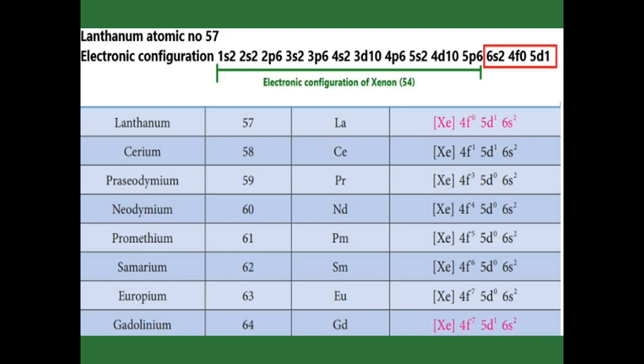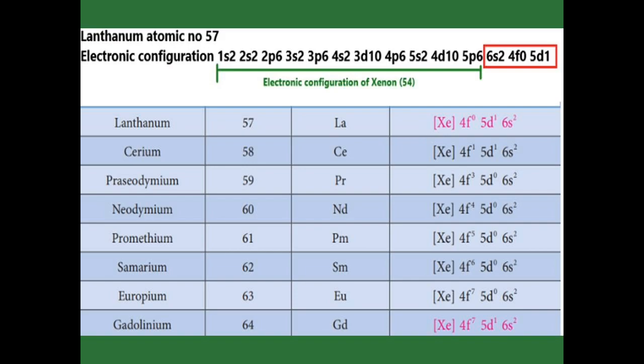Afterward we have 3 electrons. The 3 electrons enter 6s2, 5d1, 4f0. Here the last electron enters the d orbital, because lanthanum is placed in the d block in the periodic table, so the last electron is filled in 5d1 instead of 4f.